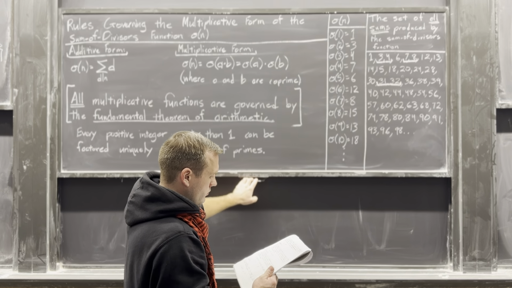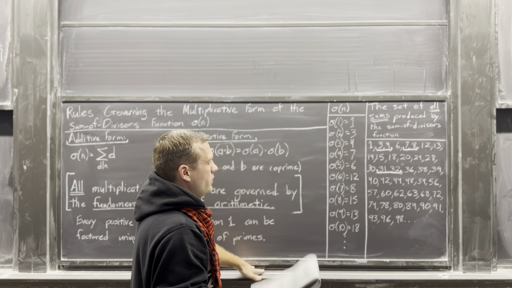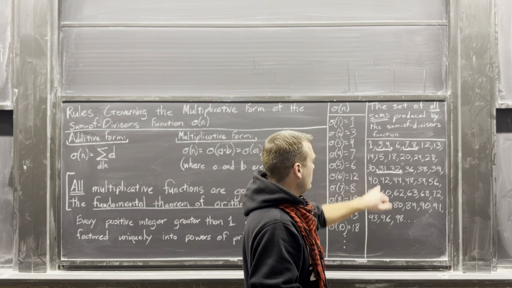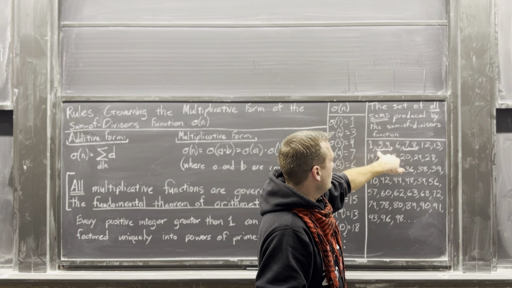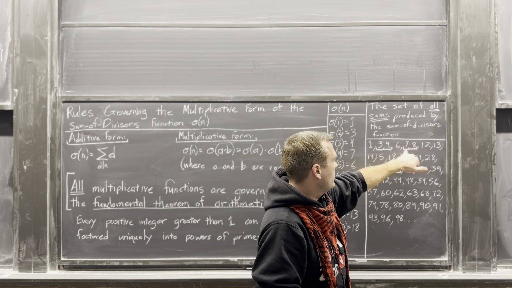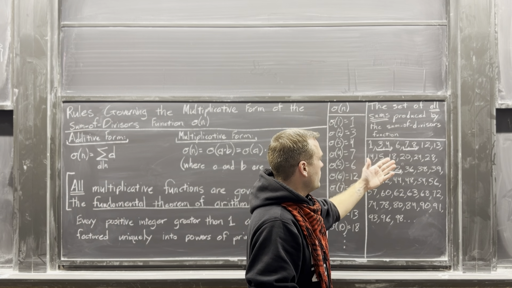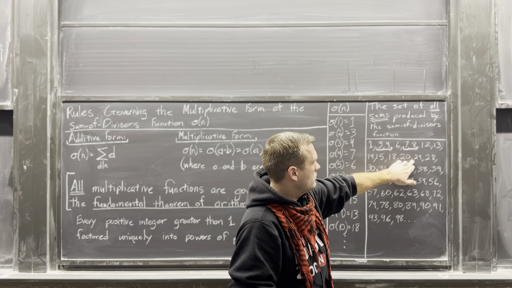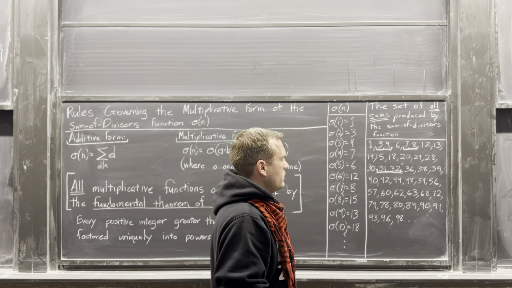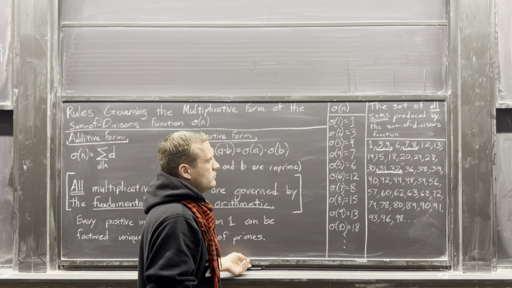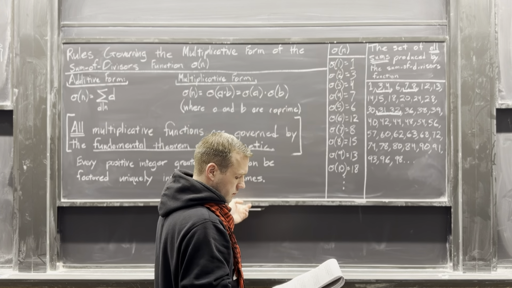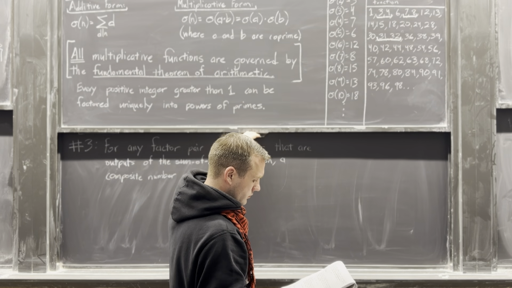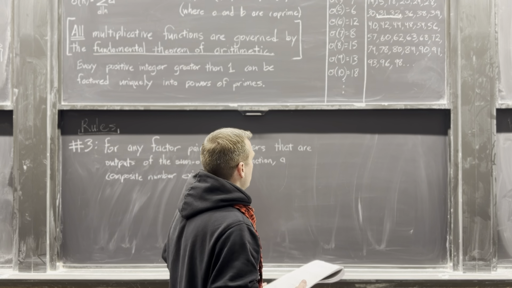So, let's see if this holds. We have the prime number 3, prime number 7. 3 times 7 is 21. 21 doesn't exist though, does it? That's annoying. Why doesn't it exist?